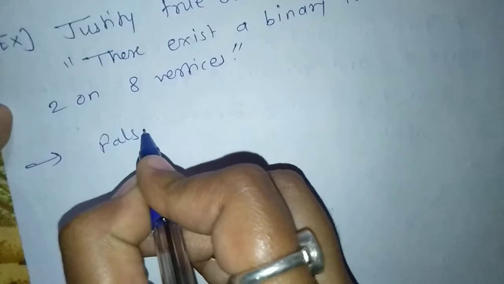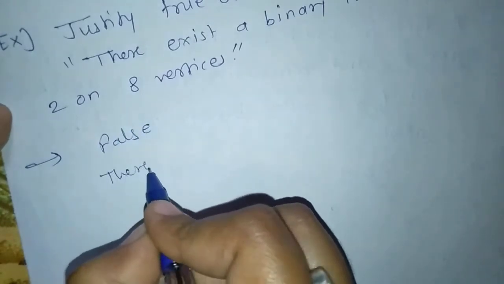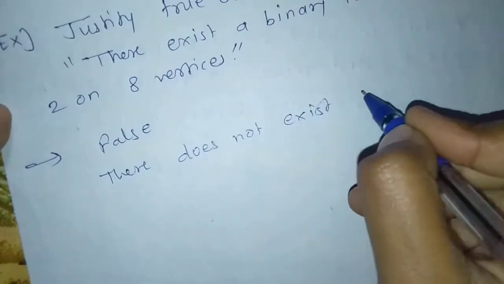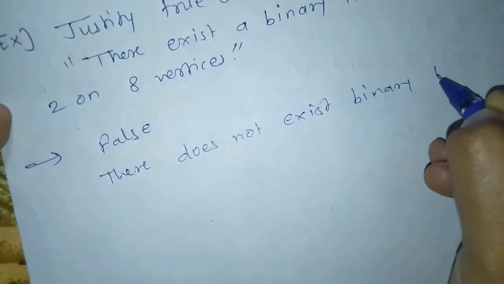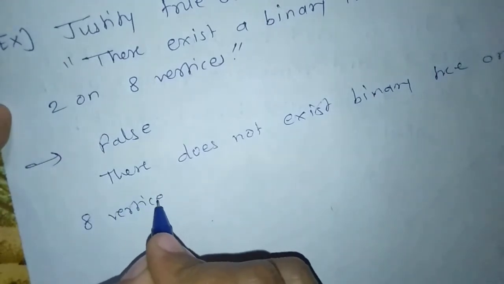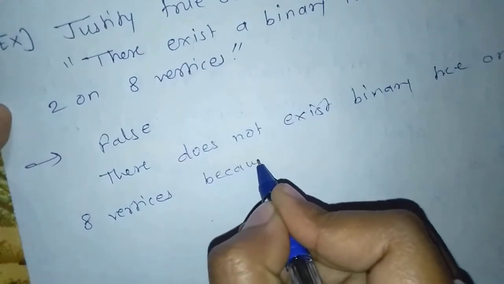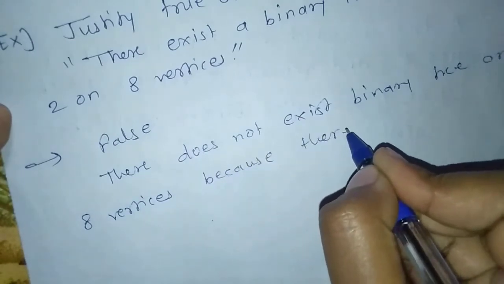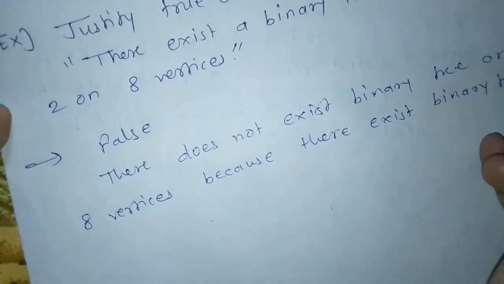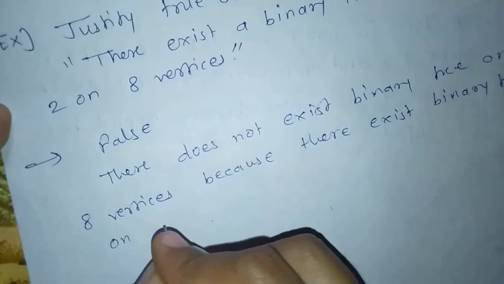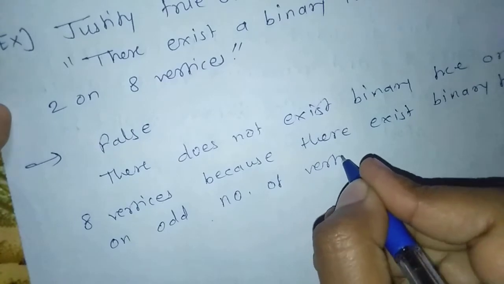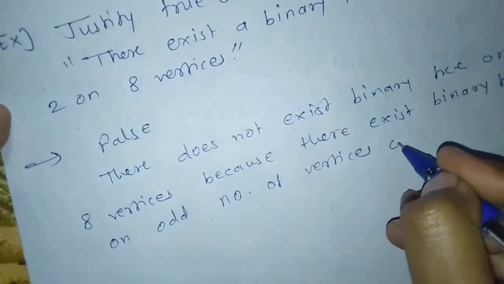This statement is false because there does not exist a binary tree on 8 vertices, because binary trees exist on an odd number of vertices only.